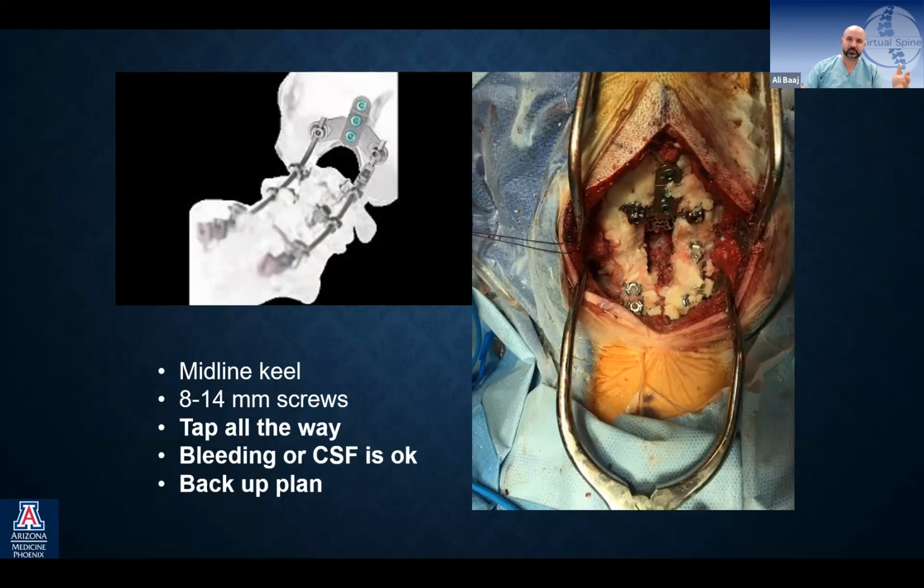Occasionally, you can get a little bit longer than that. I almost always strive to get bicortical, but it's case by case. If I have a younger child and I get a 10 or 12 millimeter screw, I'm happy with that, even if it's not bicortical, right? Whereas on the other hand, if I have an older patient, I probably do want to get bicortical, even if it's 8 or 10 millimeter screws.